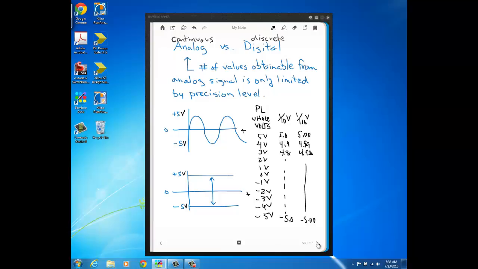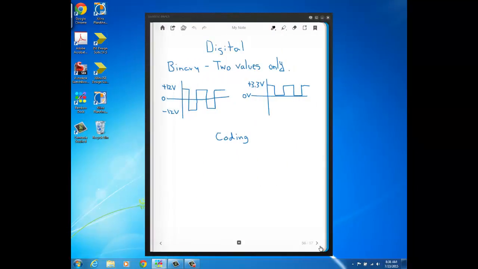Well, compare that with the digital case, because as we said before, with digital, you have discrete values in time. Okay, so specific values, and you can't have any other values than those specific values. And the most common type of digital signal is a binary digital signal. Okay, this is the type of digital signal used in computers, where you can only have two values.